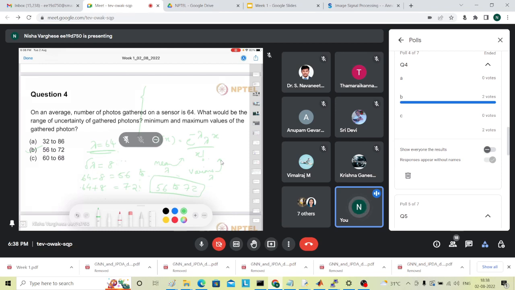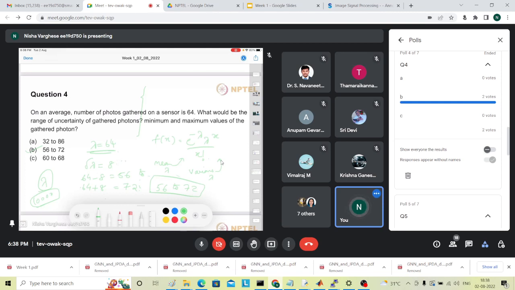If there is a bright light, the average value lambda will be high, say 10,000. Then the uncertainty will be very low. It will vary from 10,000 minus 100, so the deviation from 10,000 is very low.